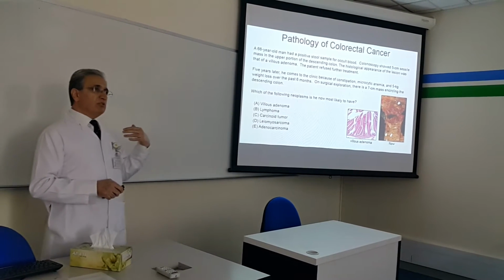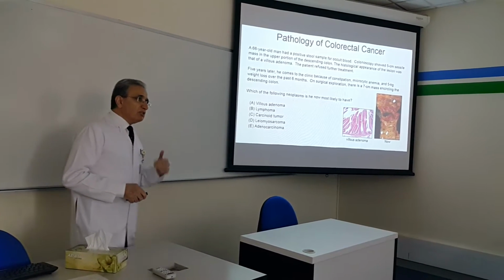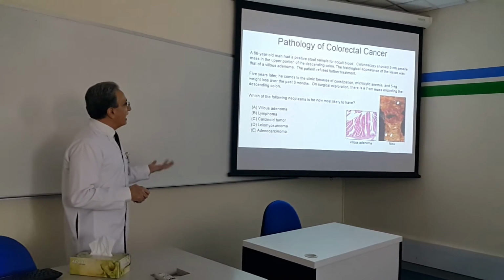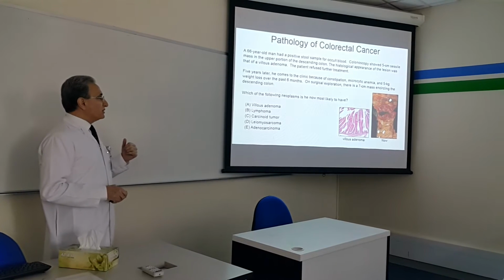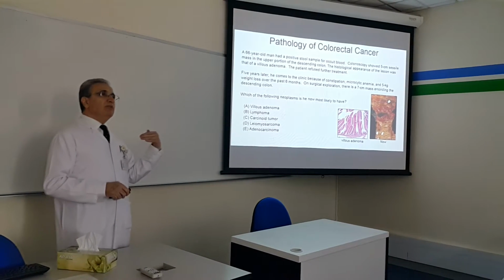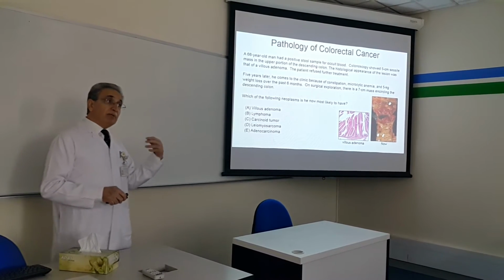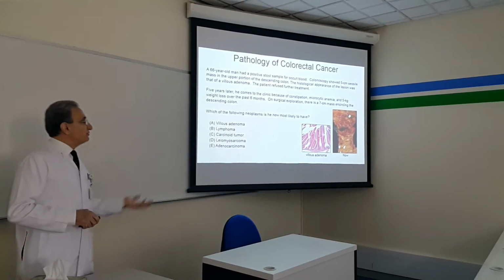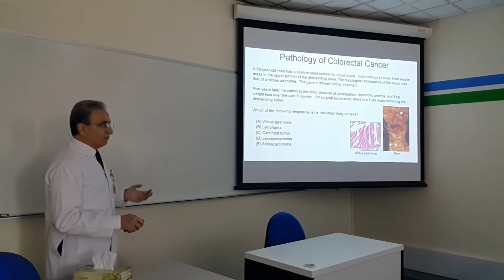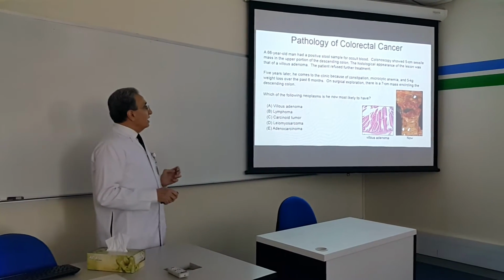But the patient refused to undertake this procedure, so 5 years later, he came back with a problem with constipation, because the location of the neoplasm is on which side of the colon? The descending or the left side, and that leads to constrictive features.